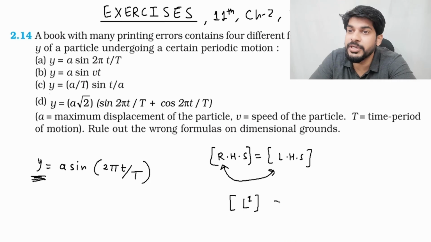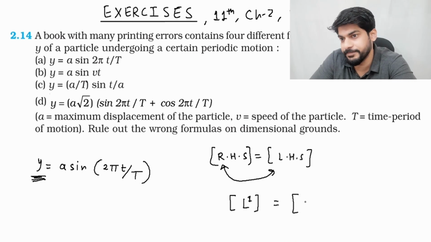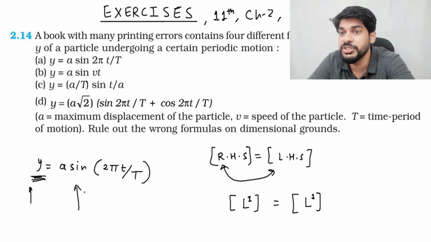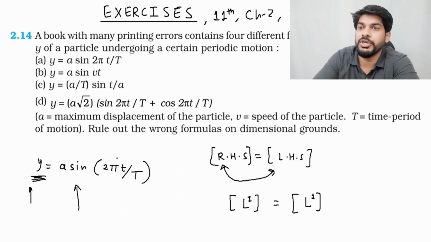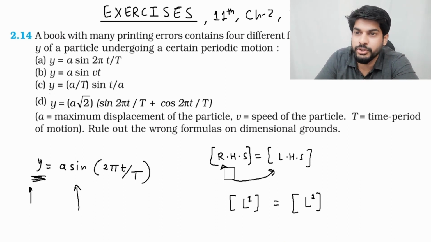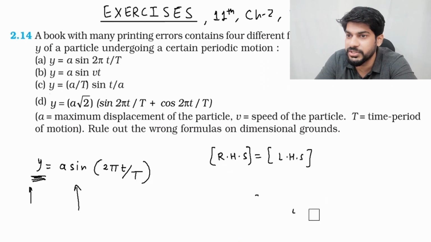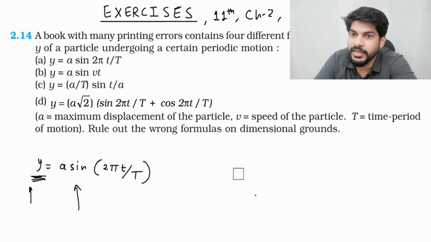The same should be the dimensions on the other side. Whatever is the dimension on the LHS, that should be the dimensions on the RHS. So this test should be passed. If this equation passes this test, then we can say it is a correct equation.